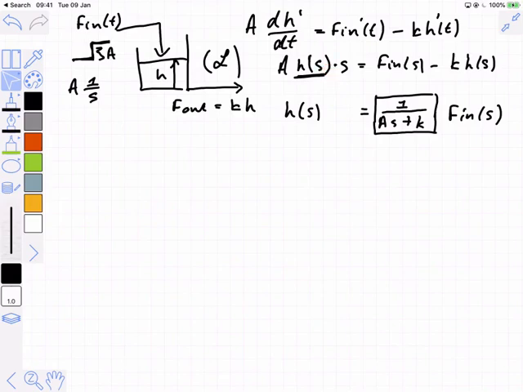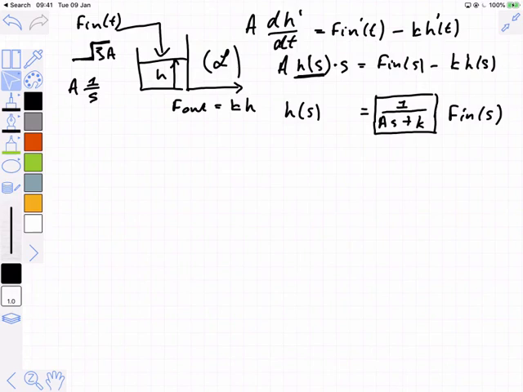And you've done a couple of TUT problems where we started off with two linear first-order differential equations. When we plug those into one another, we end up with one second-order differential equation. And so, as a very general rule, the number of times that you have derivatives in your modeling equations translates to the number of S's that you'll have, or the order of S that you'll have in the denominator of the transfer function.